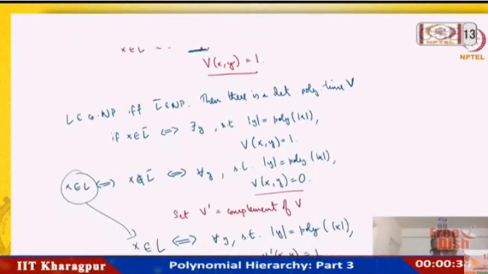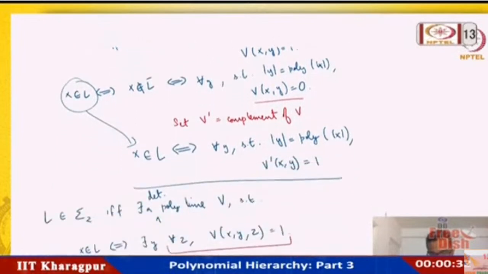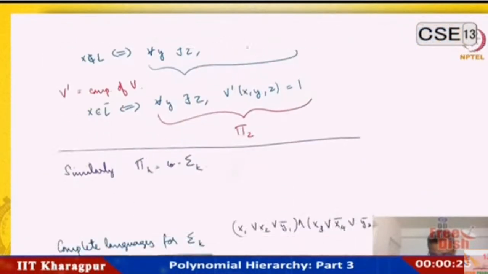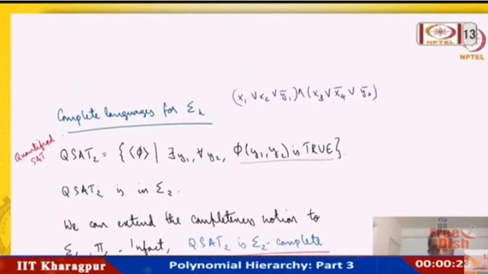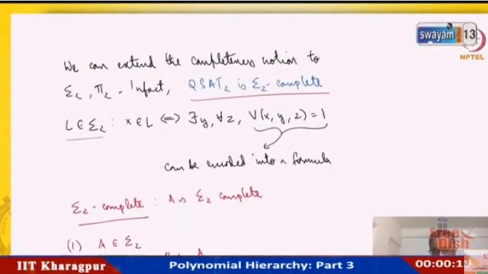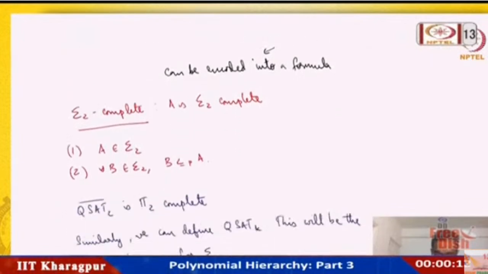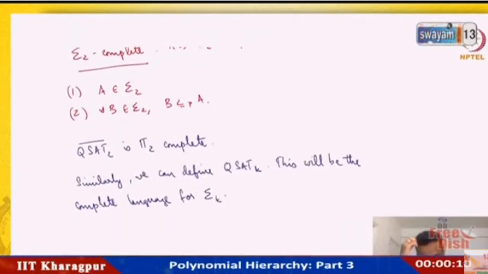Similarly, the same thing holds for Sigma 2 and Pi 2 characterizations, and in general Sigma k and Pi k characterizations. Then we saw QSAT 2, which is a complete language for Sigma 2, and generalized to QSAT k, which is a complete language for Sigma k. And the complement of QSAT 2 is a complete language for Pi 2.